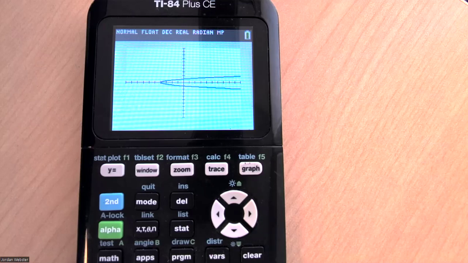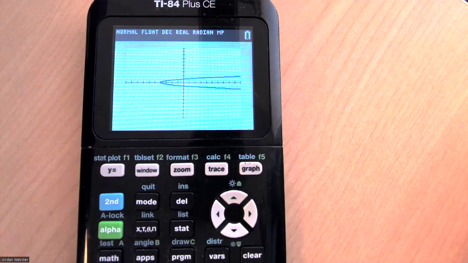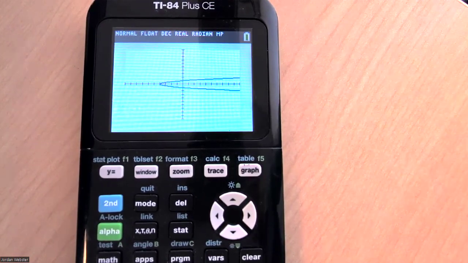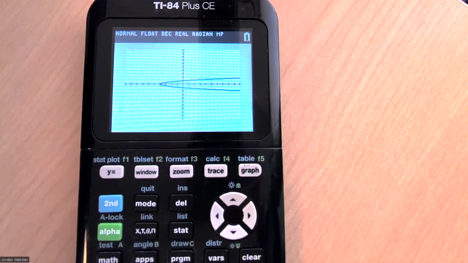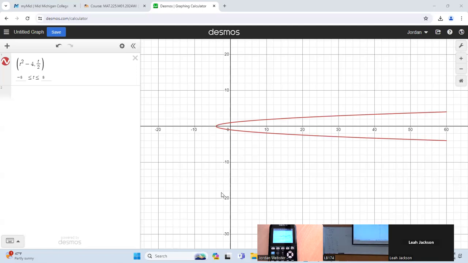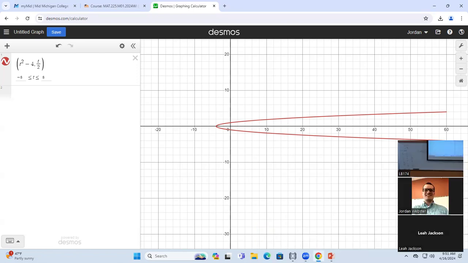You create a point in Desmos with an arbitrary t, or you can graph using your TI-84. So that's a bunch of different ways to sketch a curve.